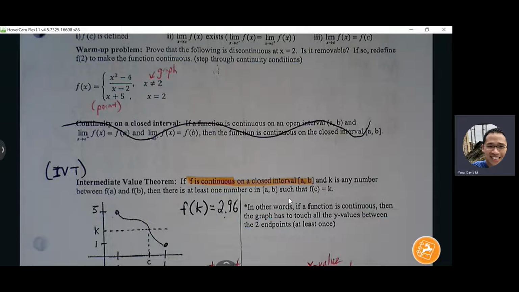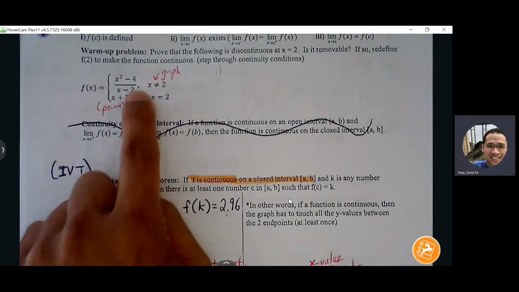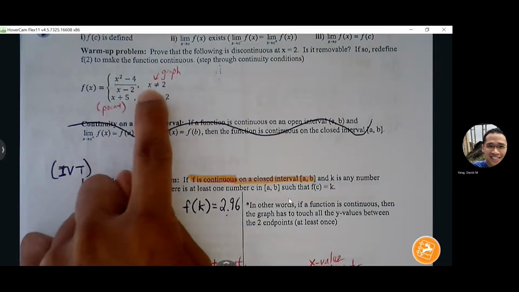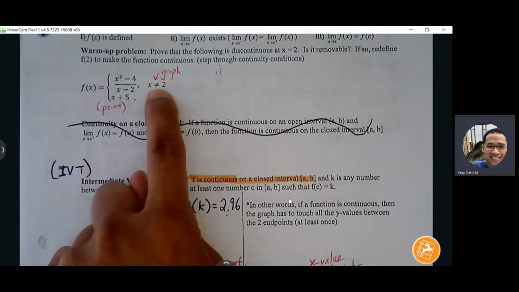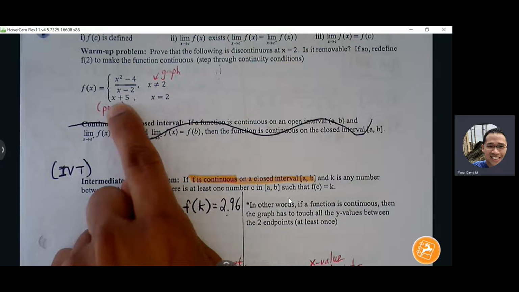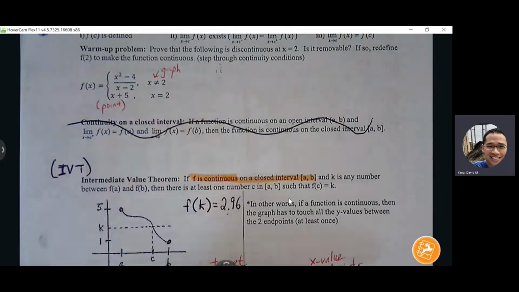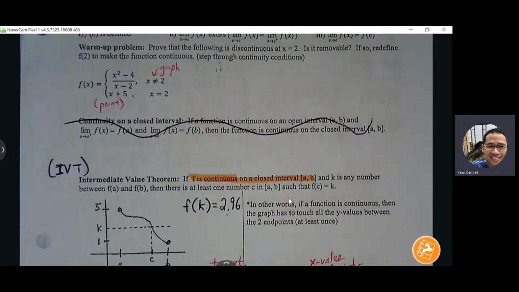We only want to apply a limit for a connected part of the graph, and that is only going to be with this first function. So this is basically saying that this is the entire graph. The only place that it doesn't exist is at 2, and that 2 is being defined potentially elsewhere by a point. So this is the notation that you're going to see if it's this type of problem.